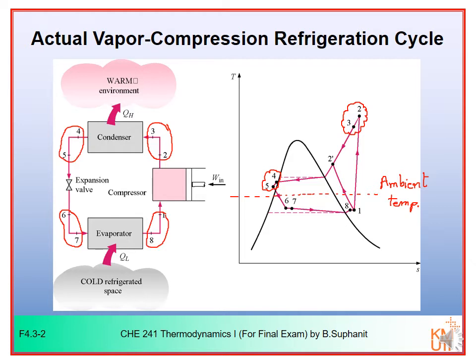You have more refrigeration capacity in the refrigerator. The heat transfer in line 6, 7 will reduce the refrigeration capacity. You can see that if you have a pressure drop from 6 to 7, this part will be the reduced refrigeration capacity.